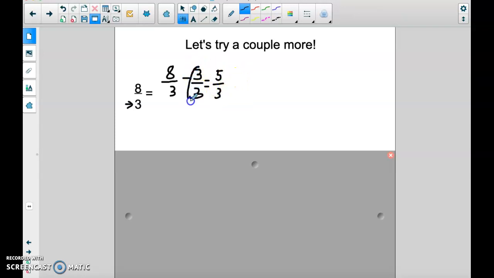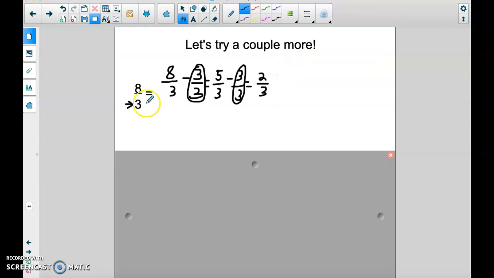And again, I'm going to circle it just to keep myself in check. Then I can take away another 3/3. And I'm left with 2/3. And now since that 2/3 is less than 3/3, I know I'm done.